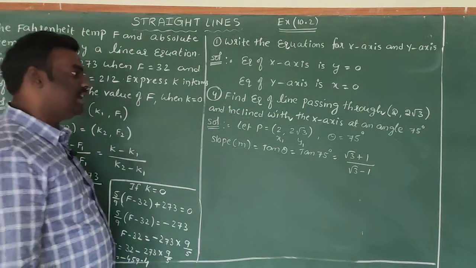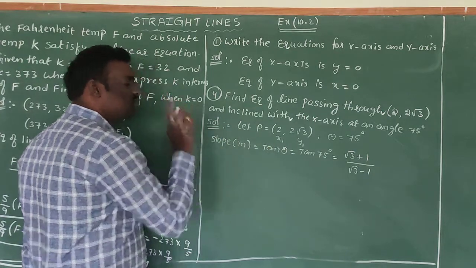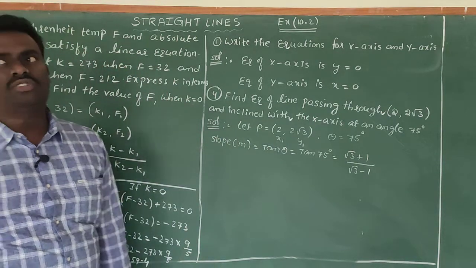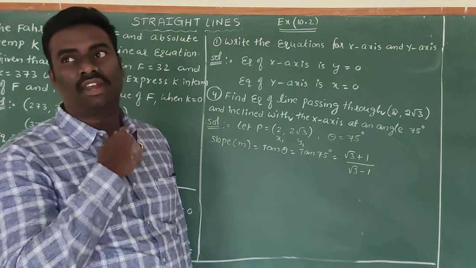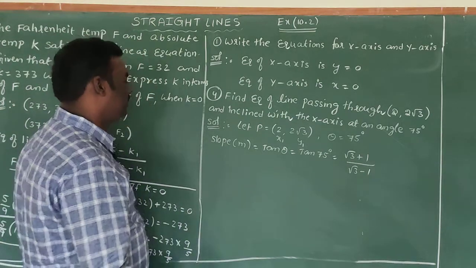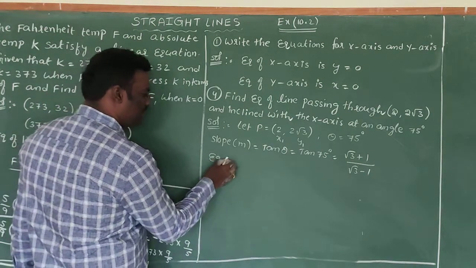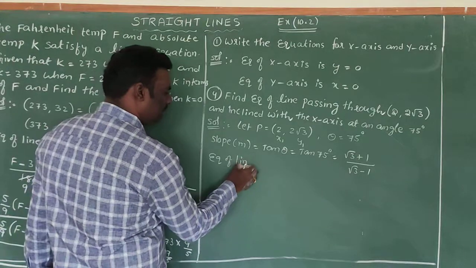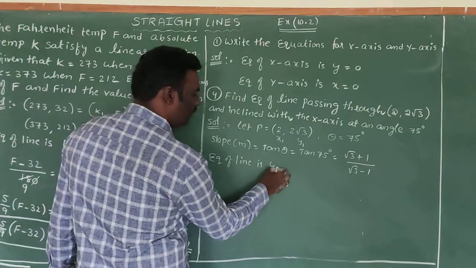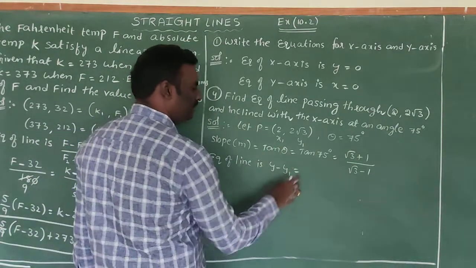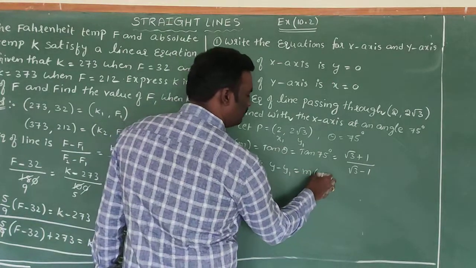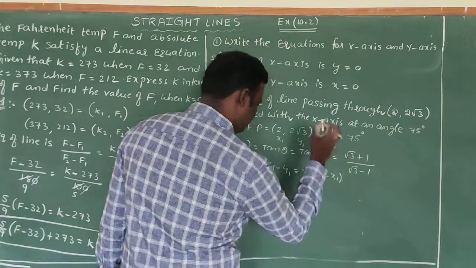Okay. So finally we know the point and slope. If you know point and slope, how to find the equation of the line? Point slope form. Therefore the equation of line is y minus y1 is equal to m into x minus x1.